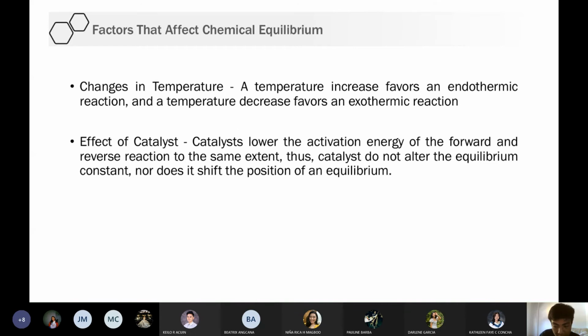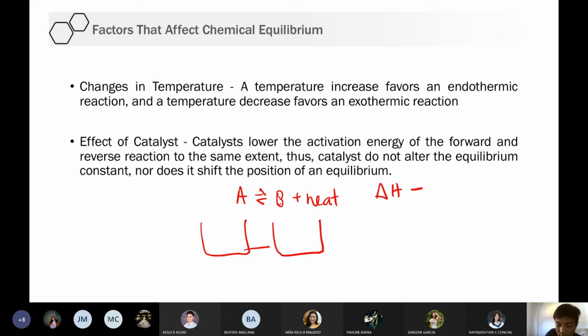For exothermic reactions, imagine that your heat is the product. That means A is in equilibrium with B plus heat. So that is an exothermic reaction, where your delta H will have a negative value. Imagine the water bucket analogy again. If you increase the temperature, your products will increase in amounts because you add heat.